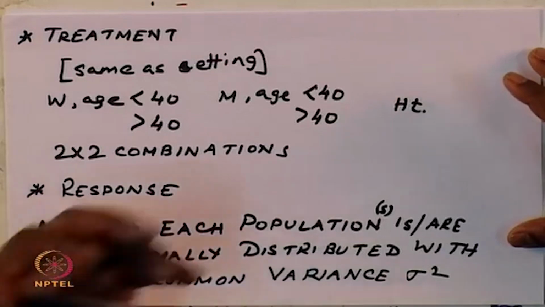So, what you are saying is each population is normally distributed and the variance is the same for each population. The means may or may not be equal to each other.